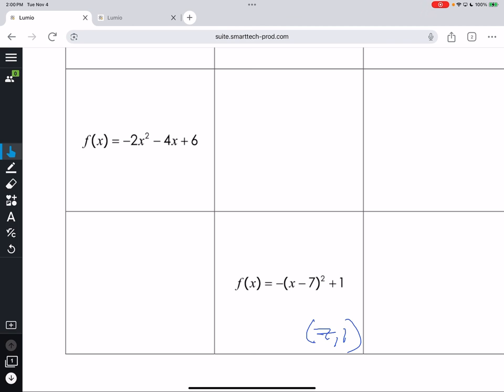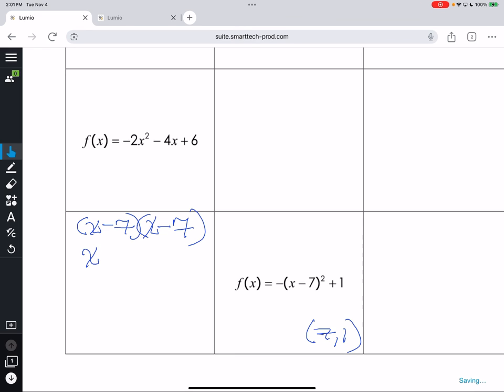What would be the first thing we would need to do? We remember PEMDAS. We have to solve our exponents first. So that's x minus 7 squared, which means x minus 7 times x minus 7. What does that give us when we FOIL it?